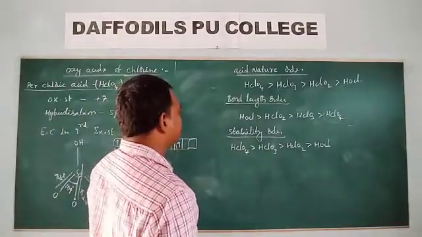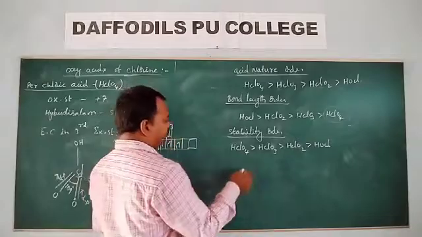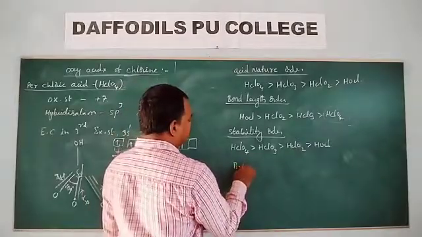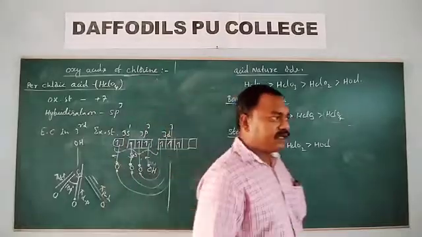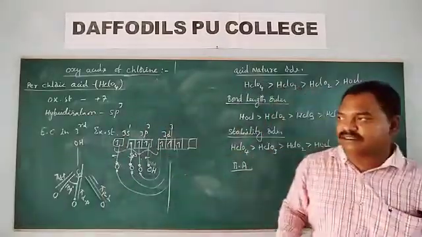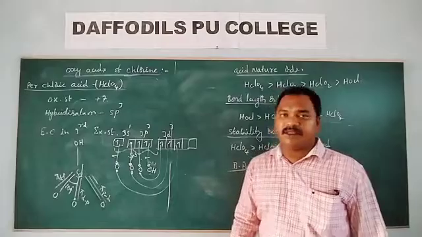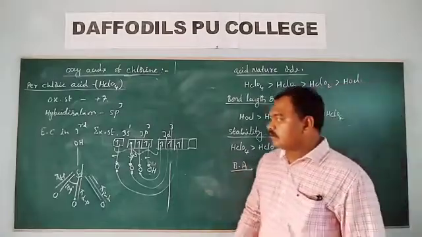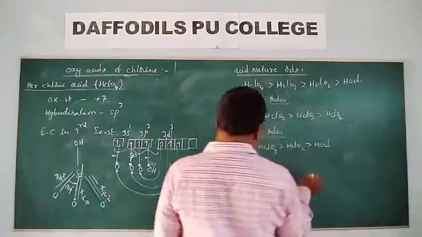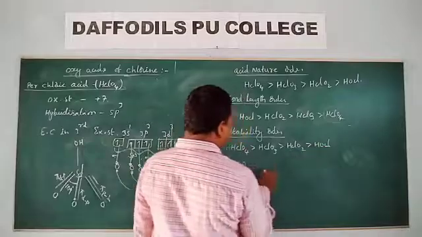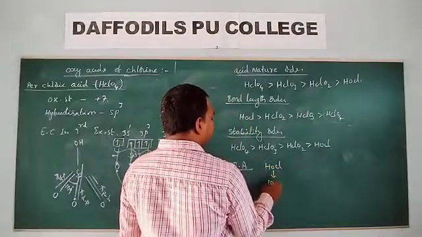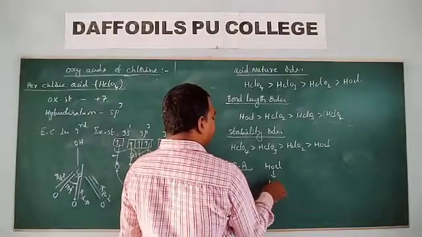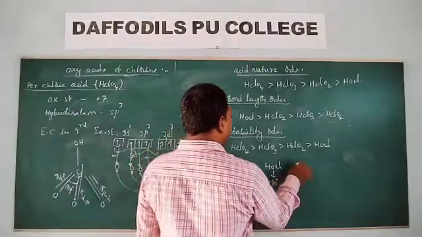Next, the bond angles of all these. All oxyacids are in sp3 hybridization. In HOCl, the bond angle is 180 degrees.